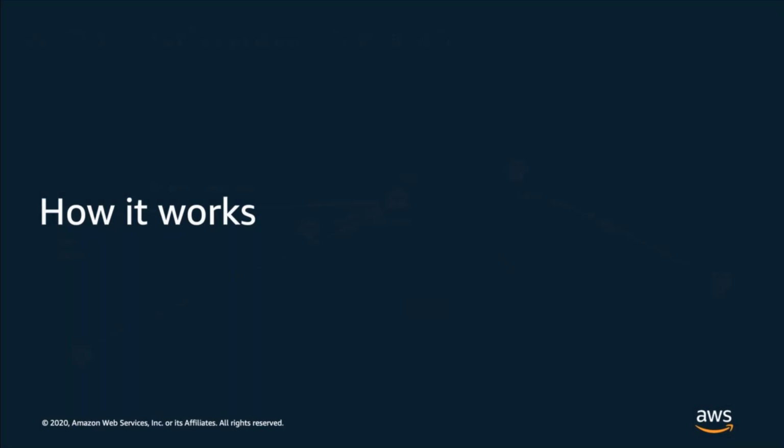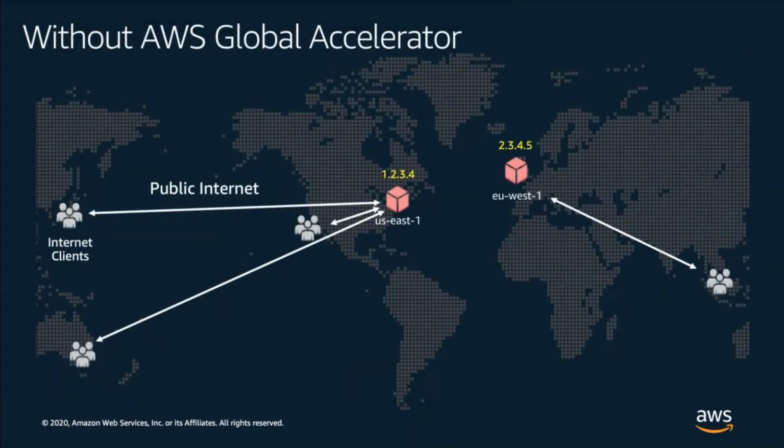So how does Global Accelerator work? Let's say you have internet clients, your users spread around the world, and you have your application deployed into AWS regions. Let's say you have 1 load balancer per region, each with its own IP address.